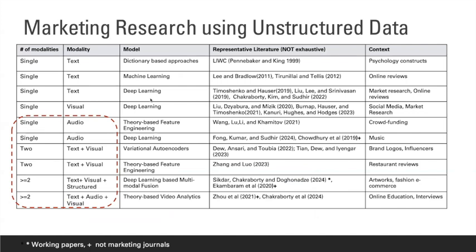A little bit of literature recap. The multimodal data analysis falls in the larger umbrella of unstructured data analysis, which has been a growing research area within marketing. Initially, most of the research focused on text data and used dictionaries or what we call domain-specific word lists.